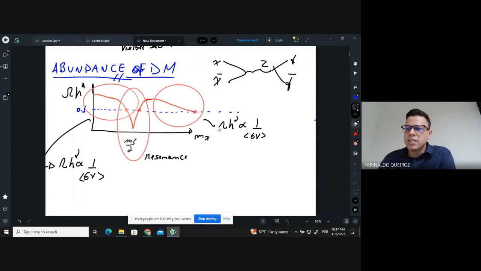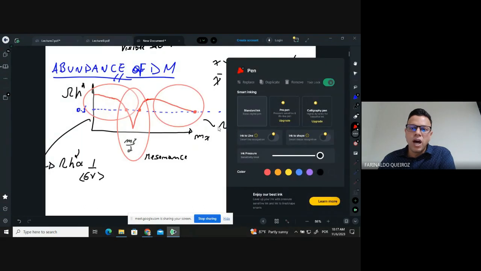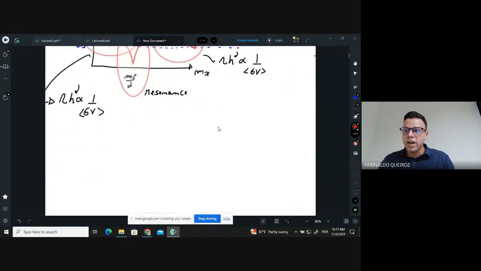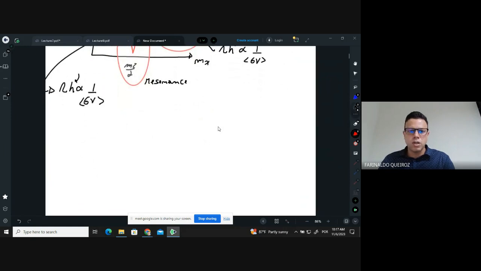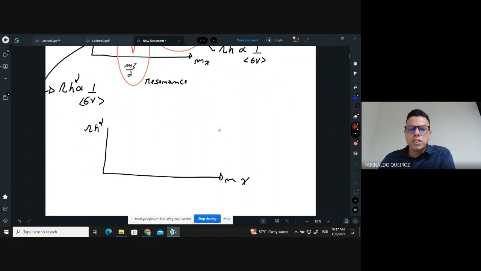So let's say that this Z boson is very light. If the Z boson were very light, I'm gonna draw now a case where I have omega h as a function of dark matter mass, m chi, and now I'm gonna draw one where the Z boson is very light, and the resonance, the peak will go like this, sharply, and then decrease.